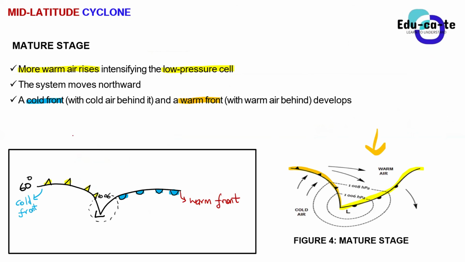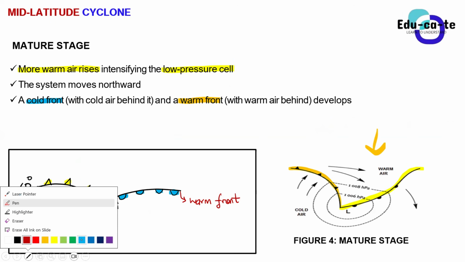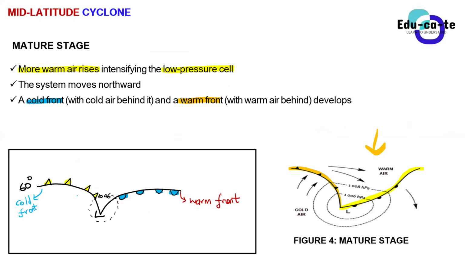Yes, sir. So added information, the cold front has got cold air behind it. Remember, guys, that this side had cold air, those cold polar easterlies. At first they were called polar easterlies, but now we'll just call it cold air. So the cold front has cold air behind it.